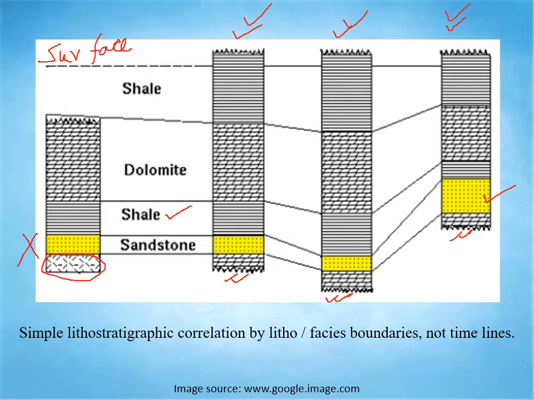So initially it starts with a different lithounit, but later the conditions become the same. So with some amount of doubt or with some amount of hesitation, we can correlate this yellow colored sandstone with other units, because at least here the lithology is the same and the upper unit is the same as in all the other columns.